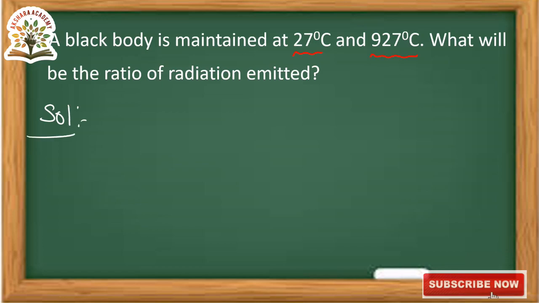T1 is equal to 27 and T2 is equal to 927. First, we will write the given here. T1 is equal to 27 degree centigrade, converting into Kelvin.